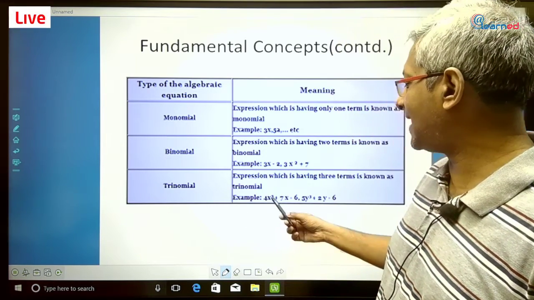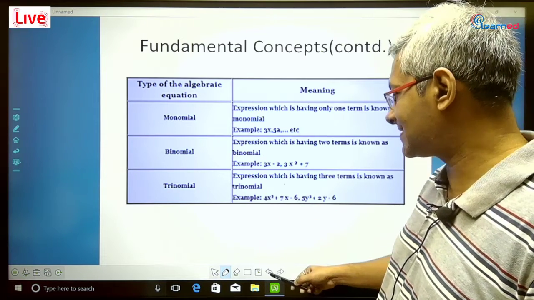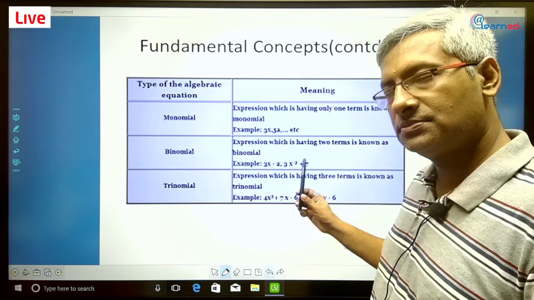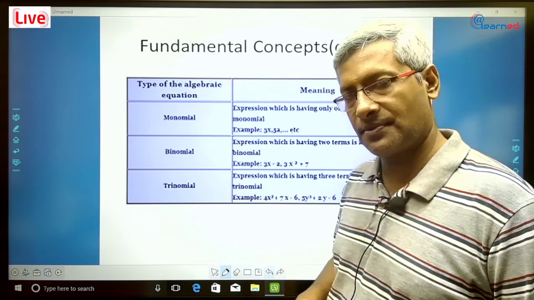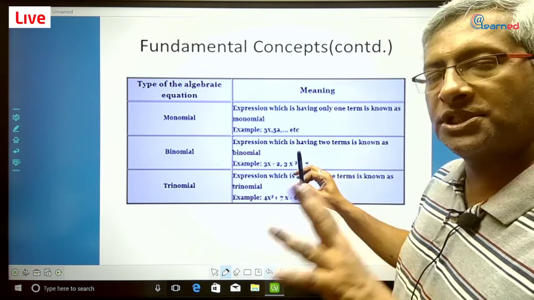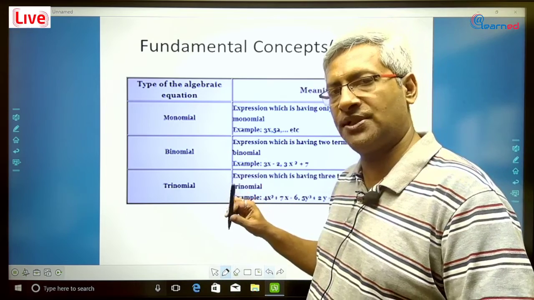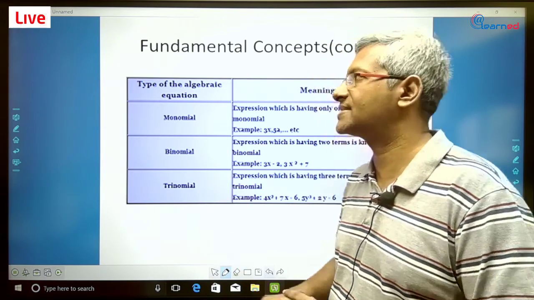But if we had something like x squared plus 7 by x minus 6, then that won't be a polynomial, but it would be a trinomial. Okay, so these are the basic differences between the terms monomial, binomial, trinomial, and polynomial.